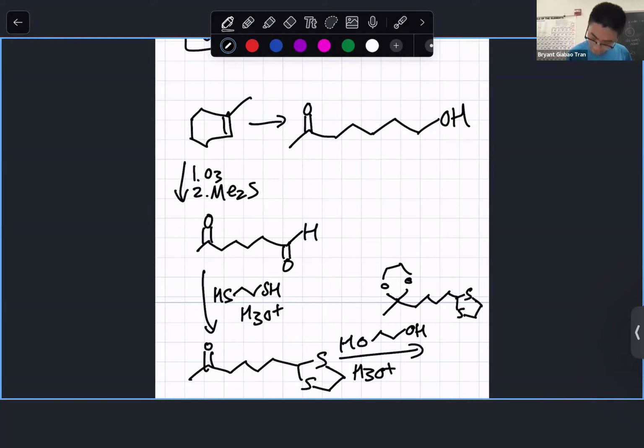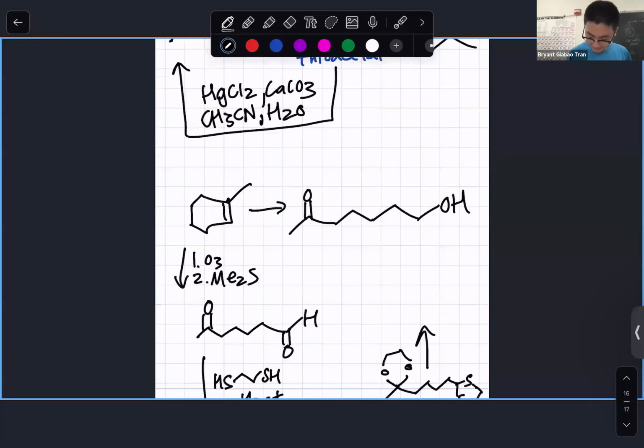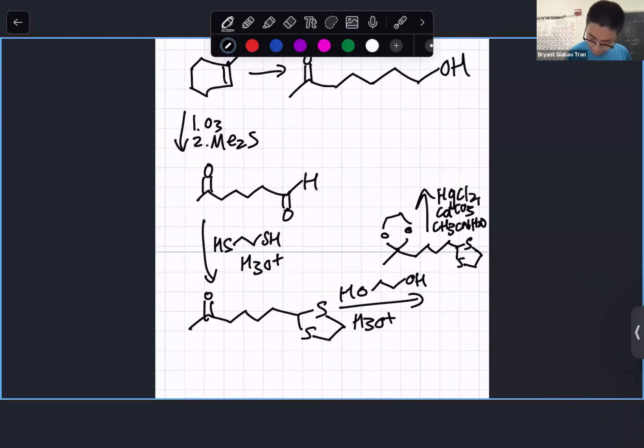Right? Now from here, we could deprotect that aldehyde using the weird chemical soup, which will not deprotect the diol. This thing here will not deprotect the diol. That will convert that back into the aldehyde.